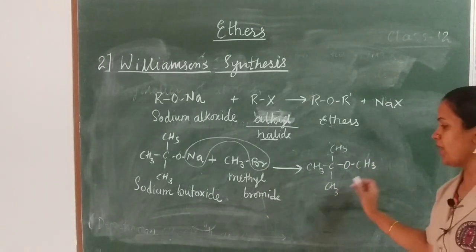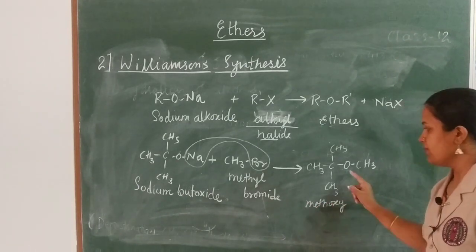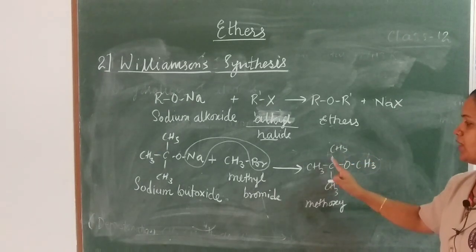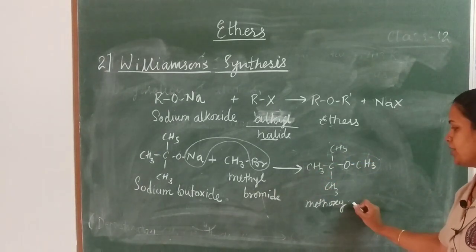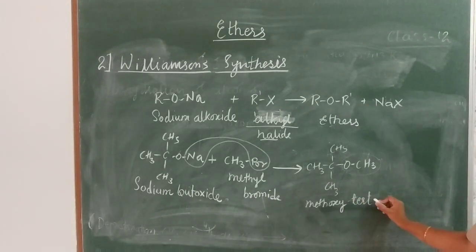The name of this compound would be methoxy, 1, 2, 3, 4, and it is tertiary, so we will say methoxy tert-butane.